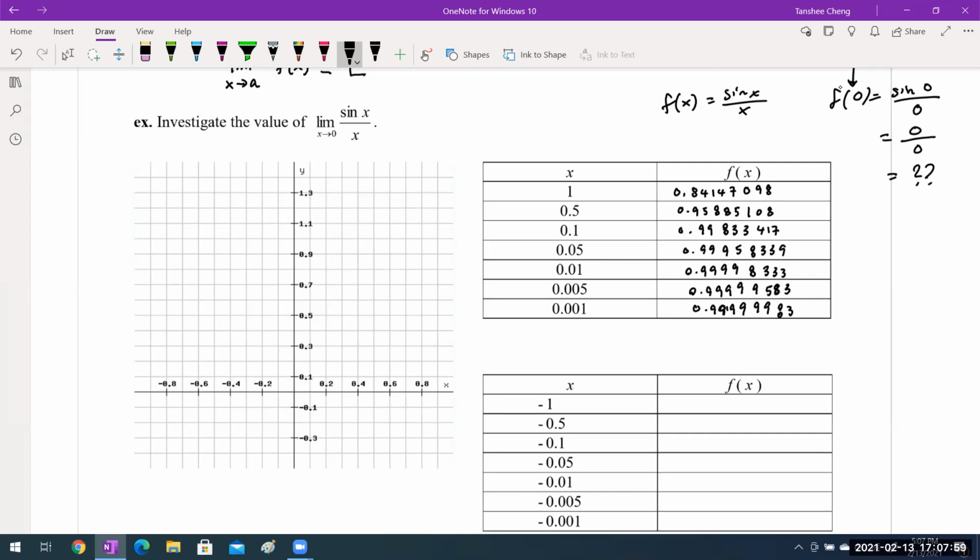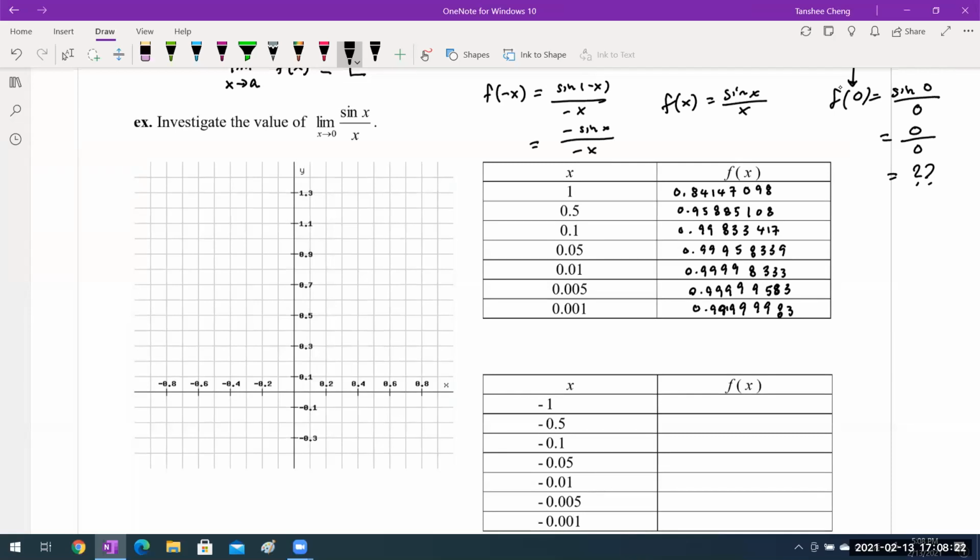Now, you can try to use a calculator to find out the other side, or you can also think about what we talked about before, right? If I substitute x with negative x for the function, then I'll have sine of negative x over negative x. Sine is an odd function, so it will be negative sine x over negative x.